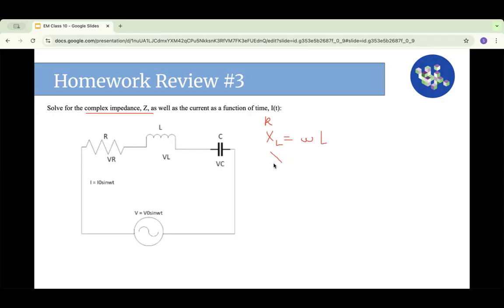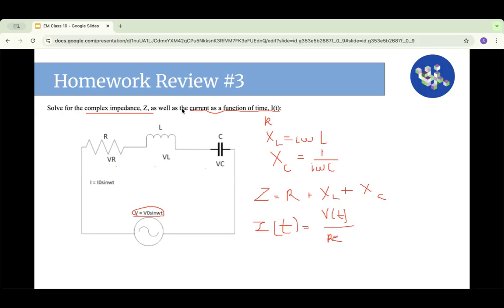right? And then they're asking for the current as a function of time. So we have this EMF over here. So I of t equals V of t over the real part of the complex impedance.